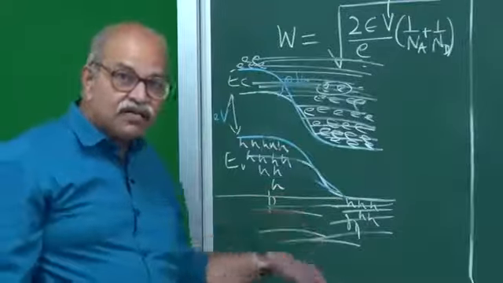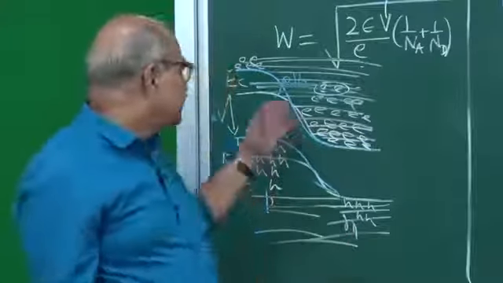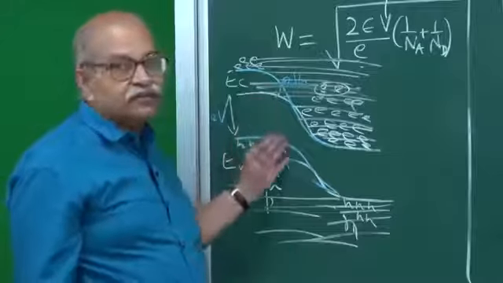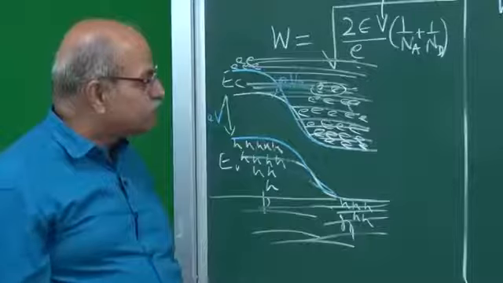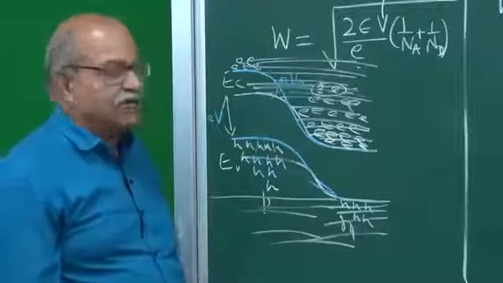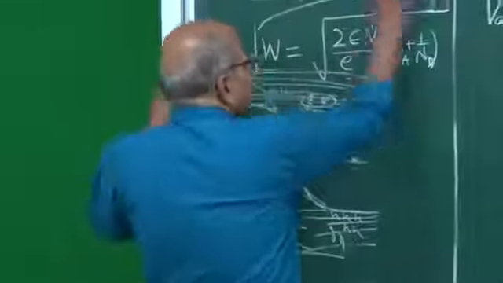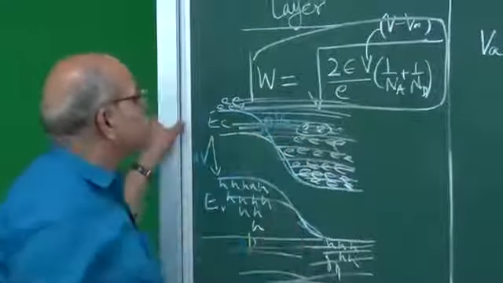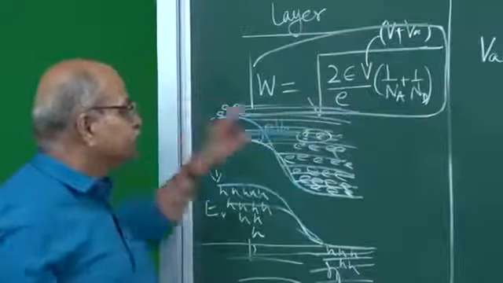Hence in reverse bias, the drift is not affected by this increase in barrier. So, you will have the drift current essentially the same. Why essentially? Once again look at this equation. For reverse bias, this will become V plus VA.